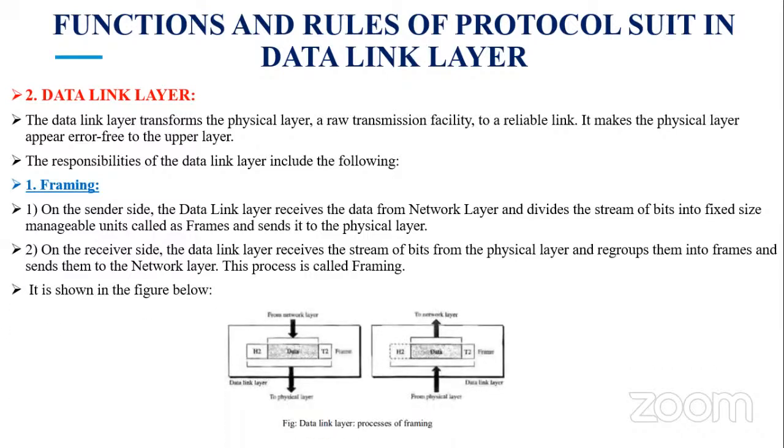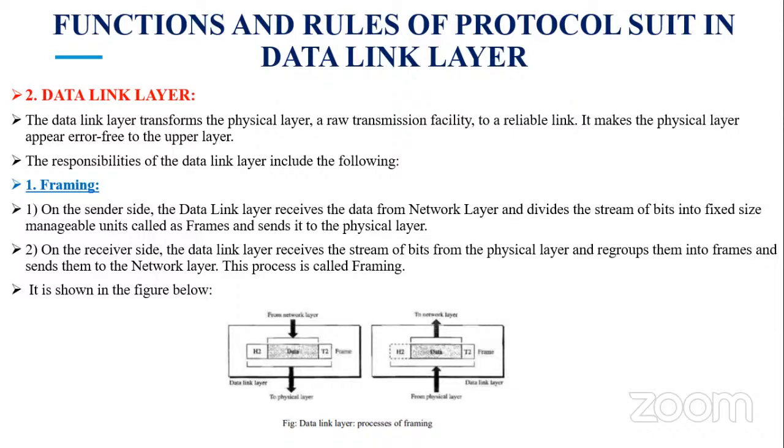So the data link layer will receive from the network layer and send to the physical layer. You see in the first picture, on the sender side, what is happening? The middle one is the data link layer.